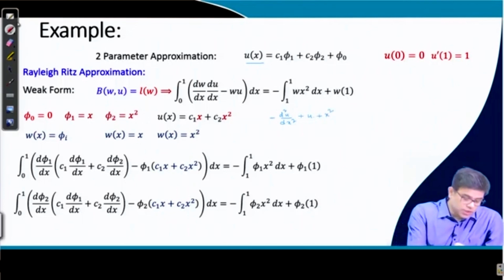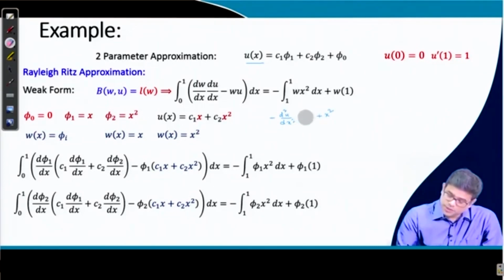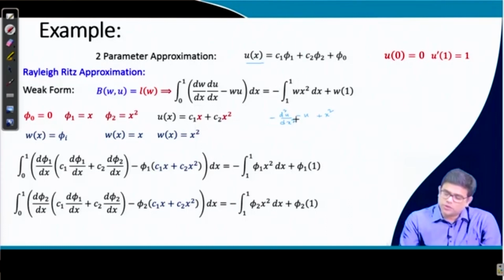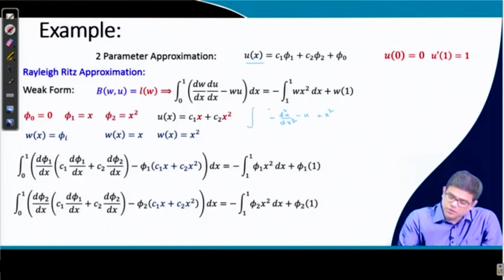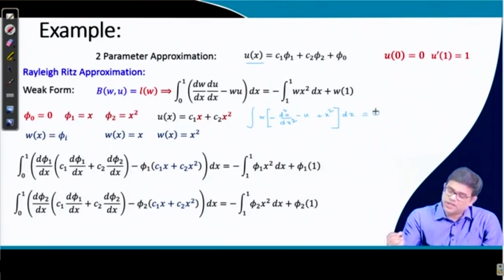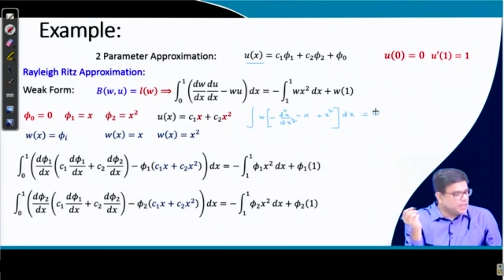Sorry, it was minus u probably. Now if you write the weighted integral statement, this multiplied by some weight function w equals 0. That is the weighted integral statement that we follow in the Rayleigh-Ritz method.